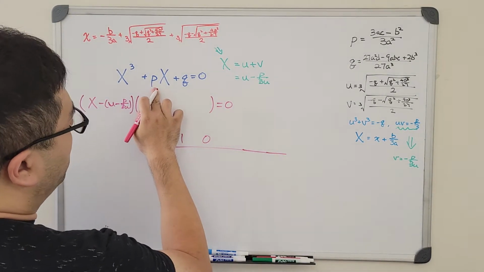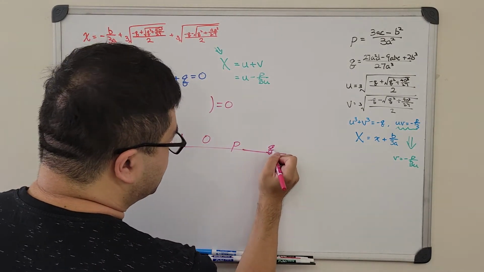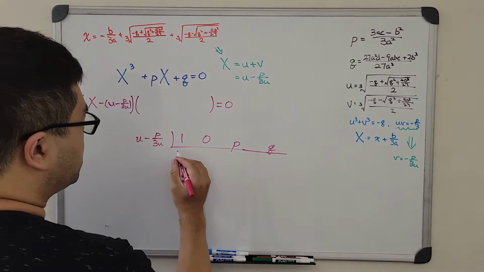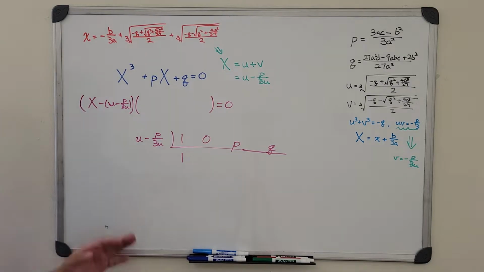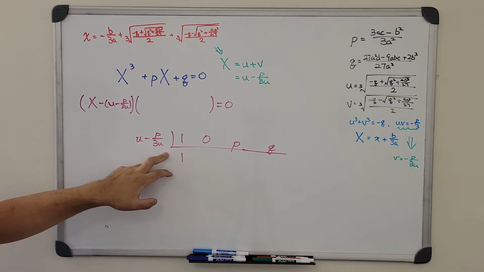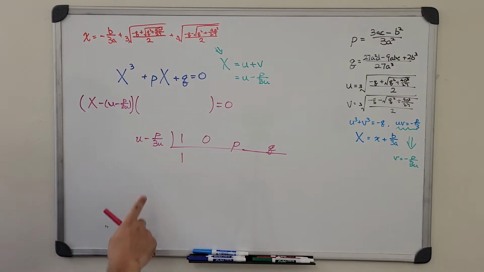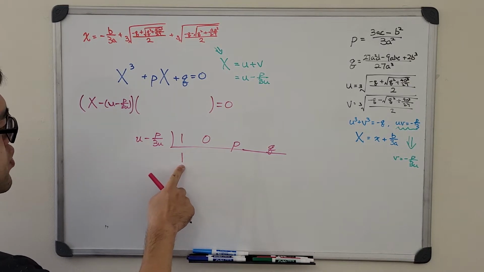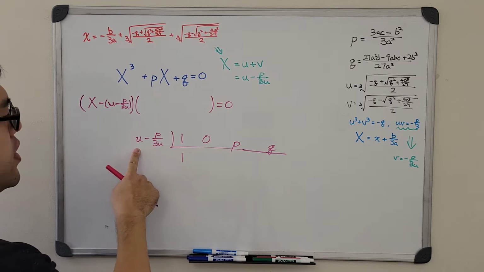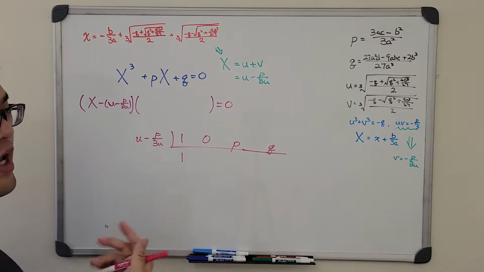And then for the x term, we have the coefficient p, where the constant term is just q. So how do we do it? Well, we're going to do a quick trick here. For this version of long division, we can just simply pull down whatever we see from the top here. And then we're going to take this result and multiply with the roots that we have, and then add it with whatever we have in the original expression.